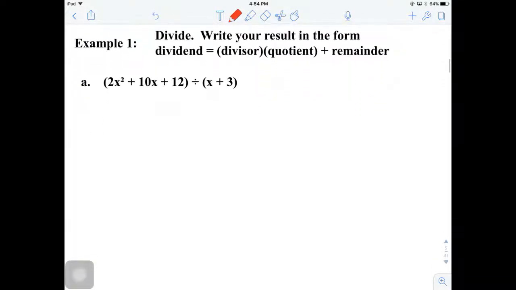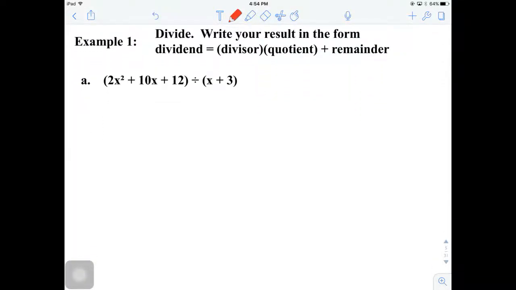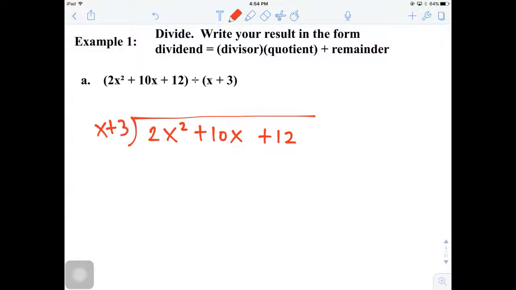And here is the first example that we're going to try using this method. Step one is to write the dividend inside the brackets, so we have 2x squared plus 10x plus 12 inside. Then we write the divisor outside, so that's x plus 3.